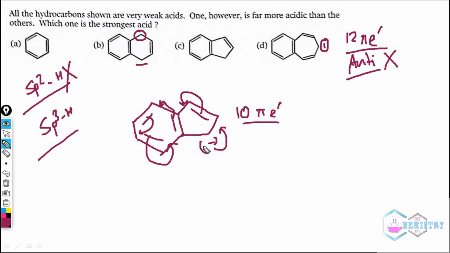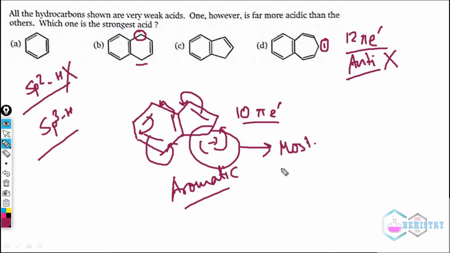So this will be aromatic, and both the rings will be aromatic in this case, and hence this hydrogen will be most acidic, making the compound C the most acidic compound. Okay, this is how we can solve this type of problems.